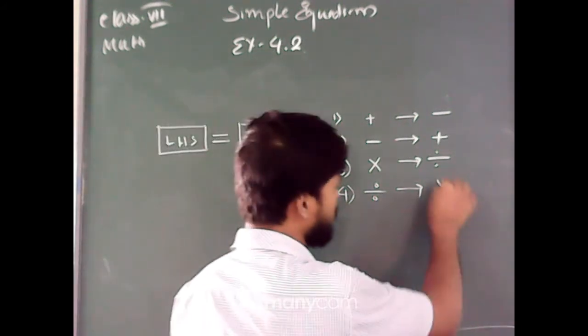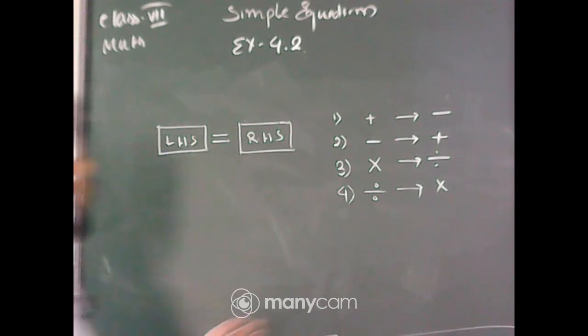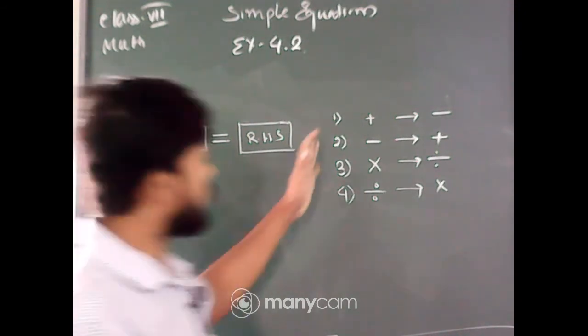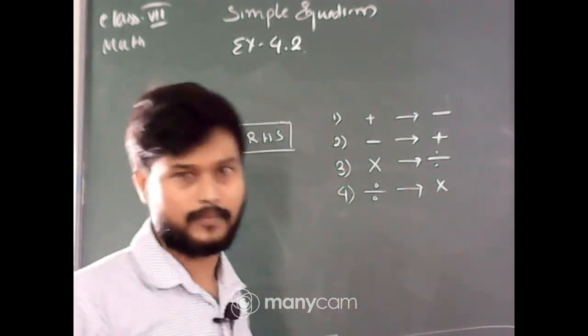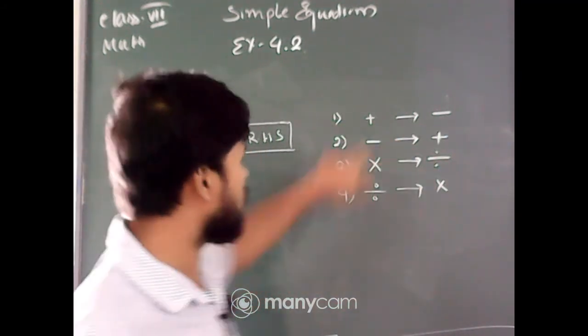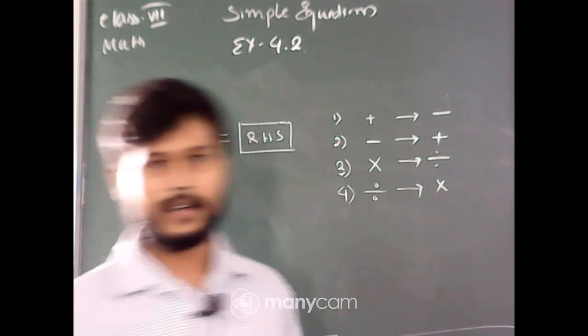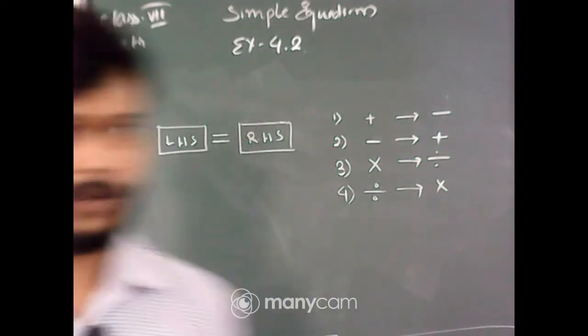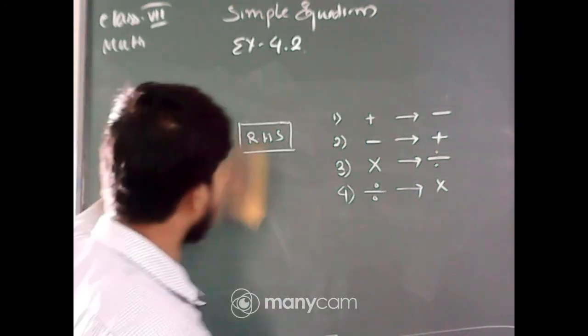I think you can answer, so I have given. So why does this type of thing happen? Basic question, why is minus changed into a positive, plus changed into a negative, why does this happen? I am giving just an example so that you can understand.